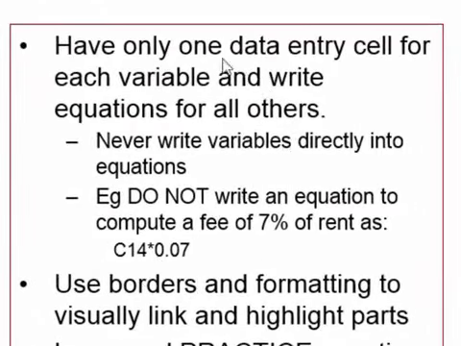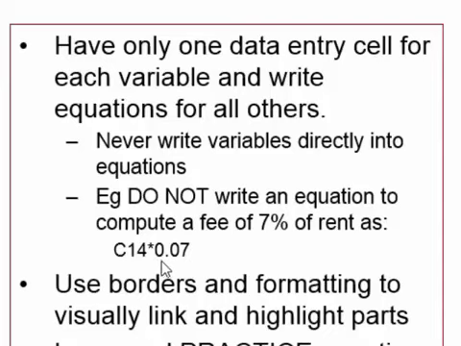I'm recommending to you that you only use one place where you enter each piece of data, but never write data into equations hardwired, hidden within cells. So I prefer not to see something that looks like C4 times 0.07, where 0.07 is something, management fees or inflation rate or something.